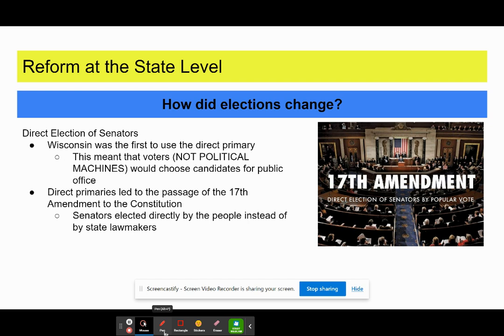So direct primaries led to the passage of the 17th Amendment to the Constitution. With this, senators were elected directly by the people instead of by state lawmakers who were most likely controlled by political machines. So a more just, less corrupt way of doing elections, where people are the ones that choose, not the political machines.